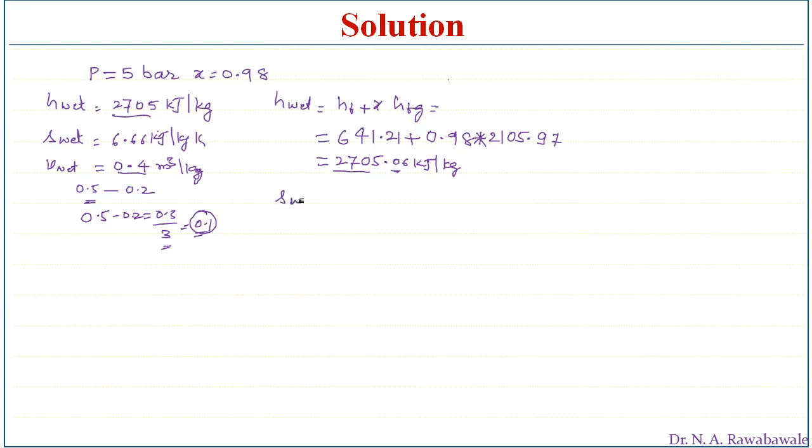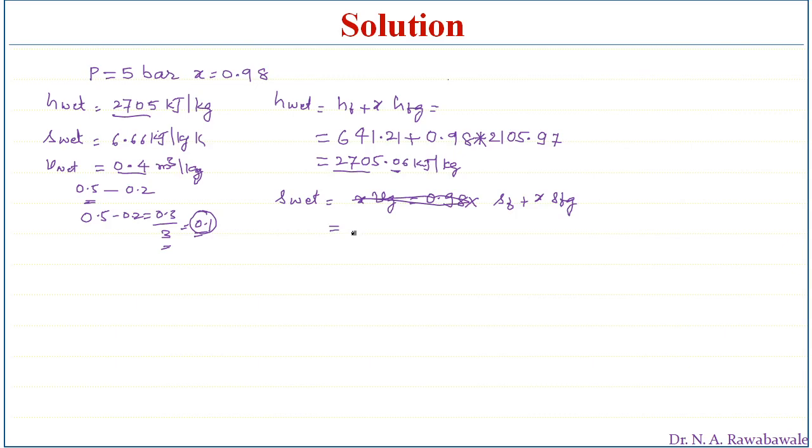Now the entropy of wet steam. This is for specific volume, so that was wrong. The entropy of wet steam is SF plus X SFG. Here the SF value is taken from the steam table at 5 bar.